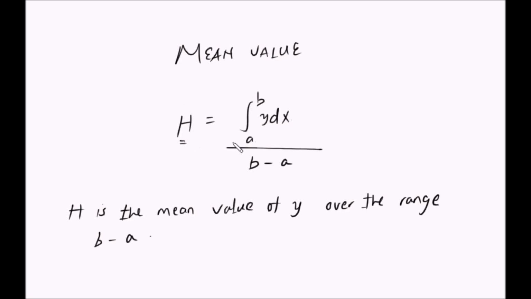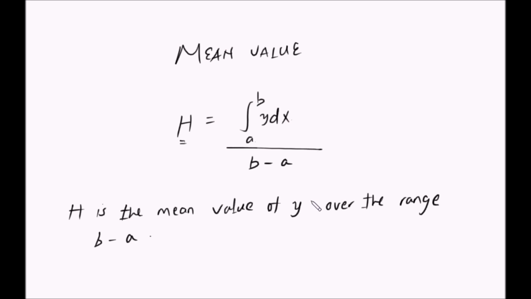So hii expression nimederive kwa njia mbili. Njia ya kwanza nimechora rectangle ambayo nimesema area yake ni sawa na area under curve y. Lakini tukaona kwamba ile njia ya kwanza haitusaidii sana kujua why h is the mean value of y. Lakini in the alternative derivation now, tuligawanya ile area under the curve into many rectangles.